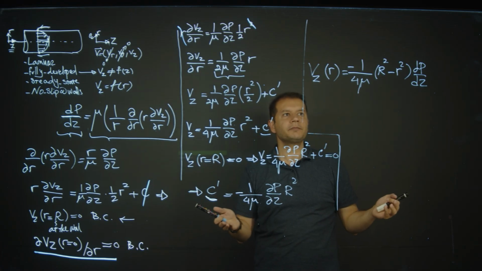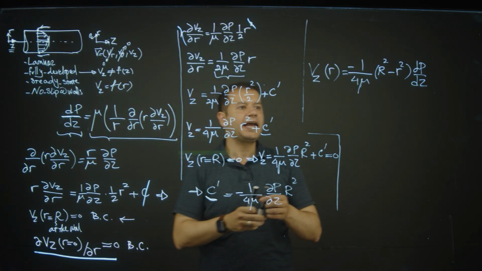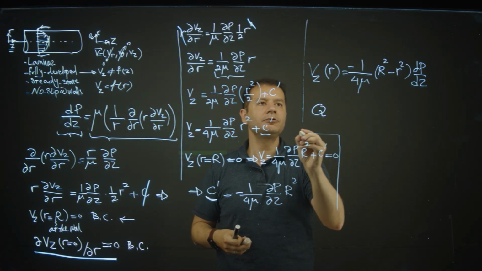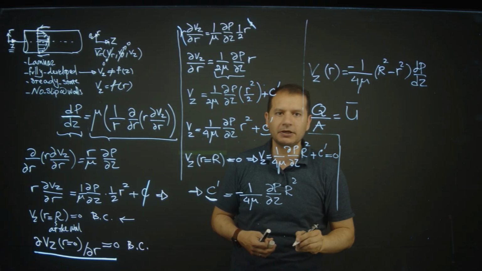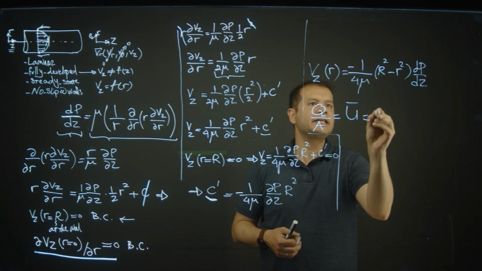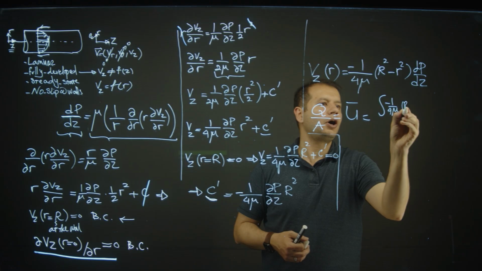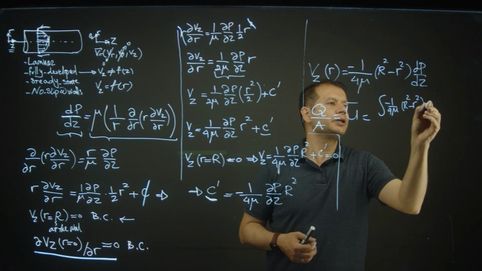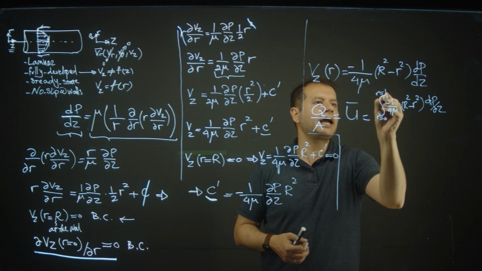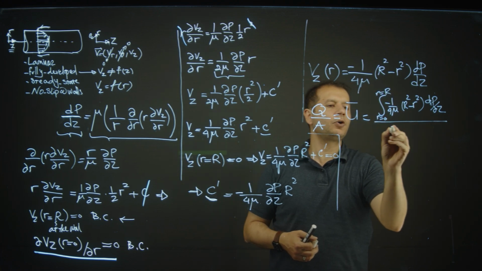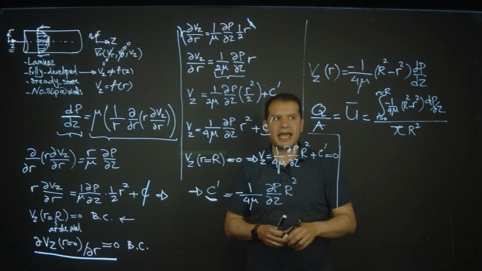See, this is the formula that we found for Vz as a function of r. Remember that we did Q over cross-section area as the average velocity because of Darcy's law, and so we did the integration of minus 1 over 4 mu, R squared minus r squared, dp/dz, from r equals 0 to r equals capital R, divided by the total cross-section, which is pi R squared.